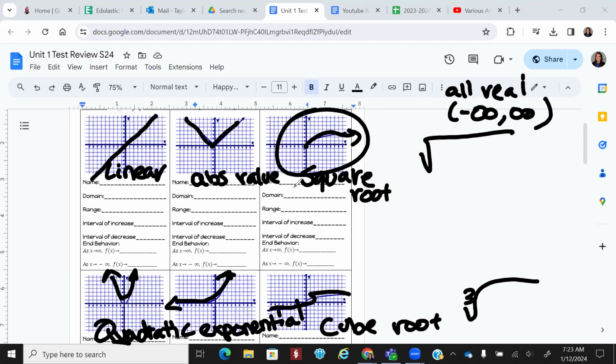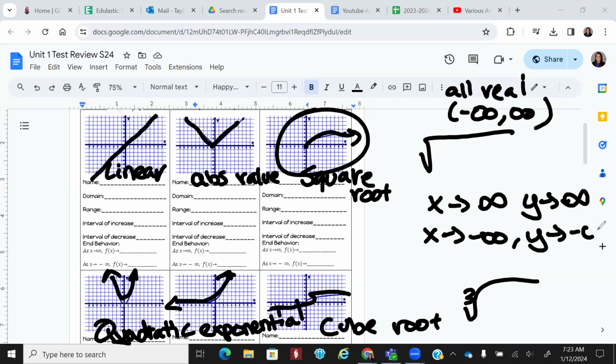What about end behavior? How do we figure out end behavior? So if I said x is approaching positive infinity, y is approaching positive infinity, x is approaching negative infinity, y is approaching negative infinity, which one of these does that?